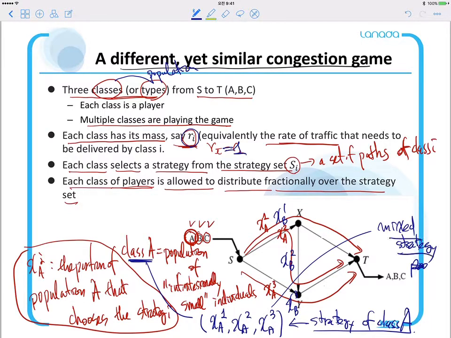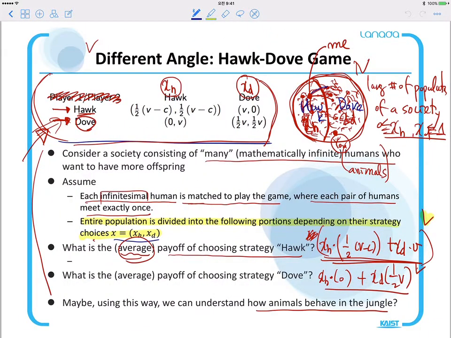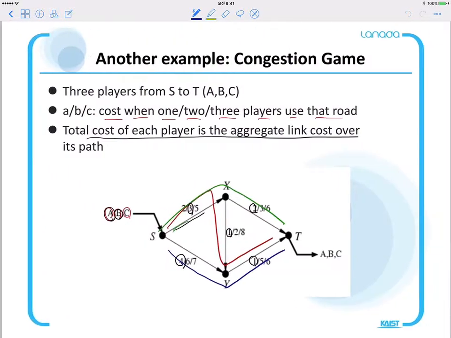Mixed strategy of player A, or type A. Here the player is the type, and the strategy is what? It's the distribution of the traffic. Here the player is the entire population, and what is the strategy? That's the portion of the distribution of the entire population that chooses H and D. The same thing.